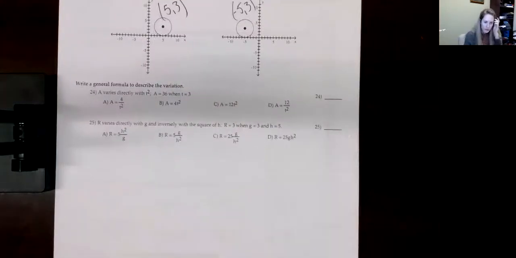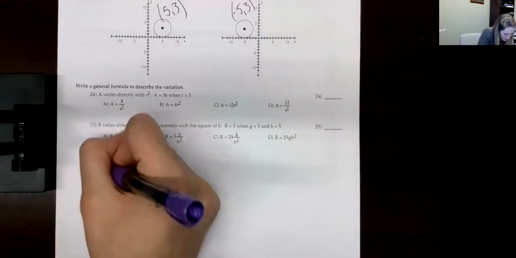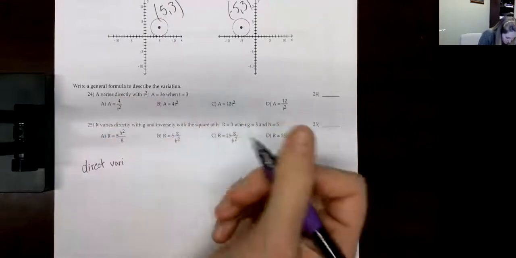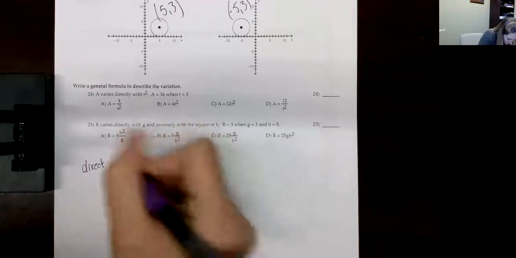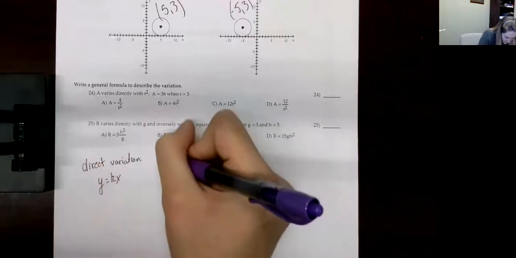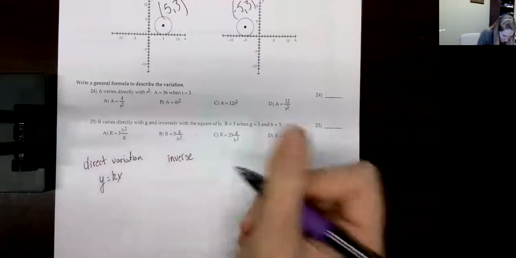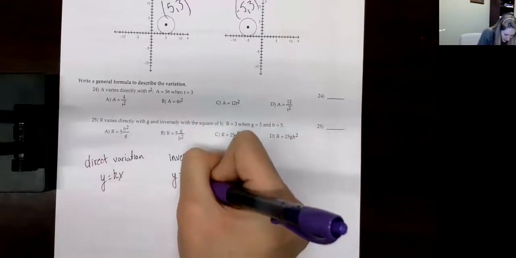Variation problems. A varies directly with t squared. So first, direct variation would be y equals kx. Inverse would be y equals k divided by x.